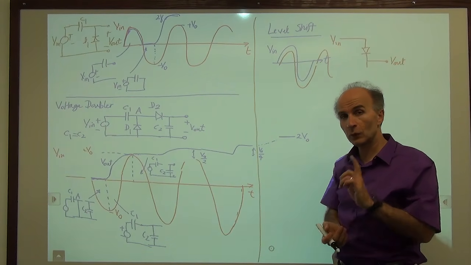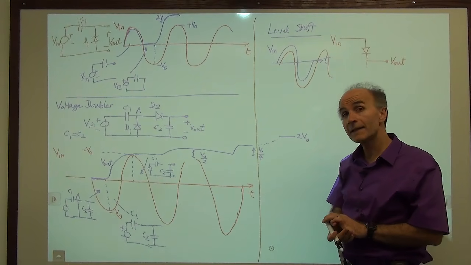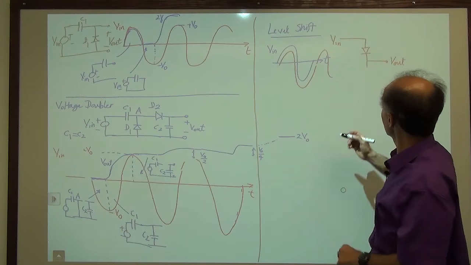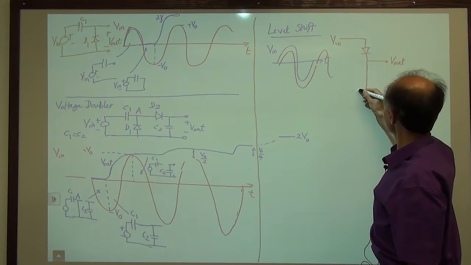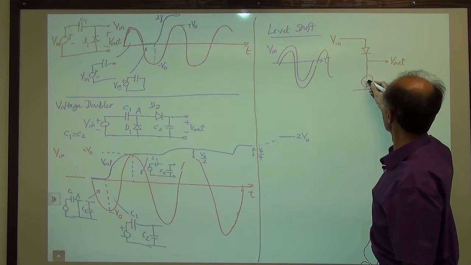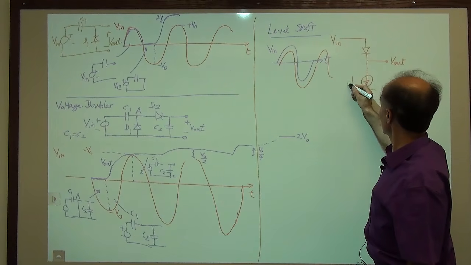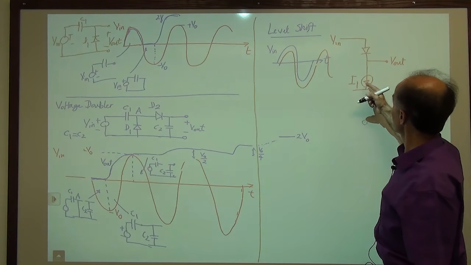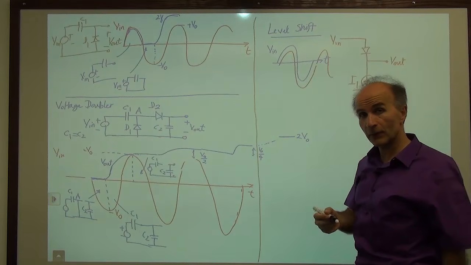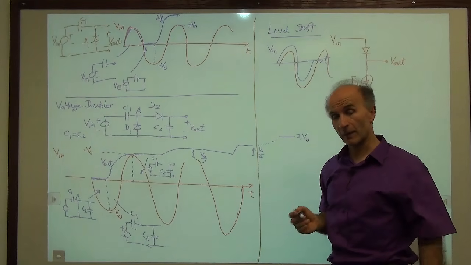The only thing is, how do we guarantee that the diode is on? To guarantee that, we pass a constant current source through it. So we call this I1. It's an ideal current source, and it guarantees that this diode always has a current through it. If it always has a current through it, then it must be on.